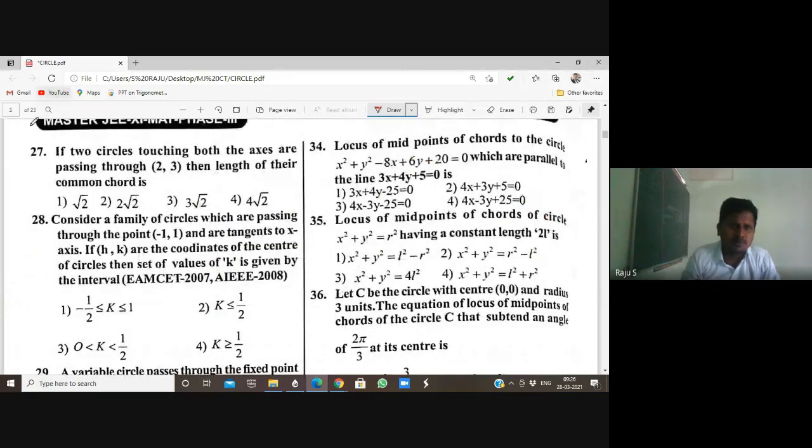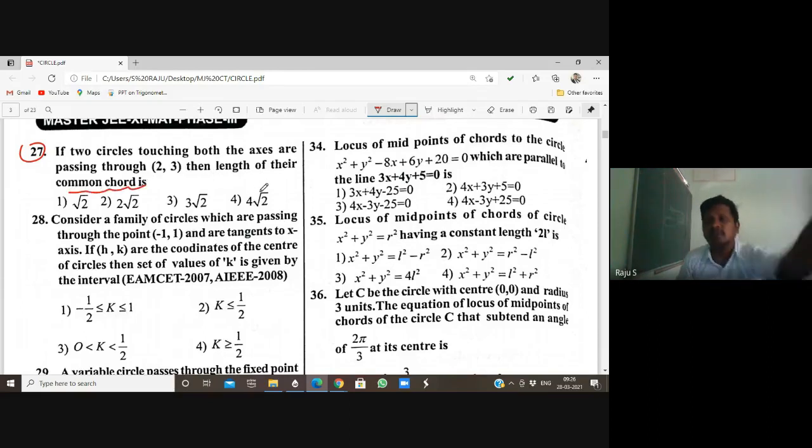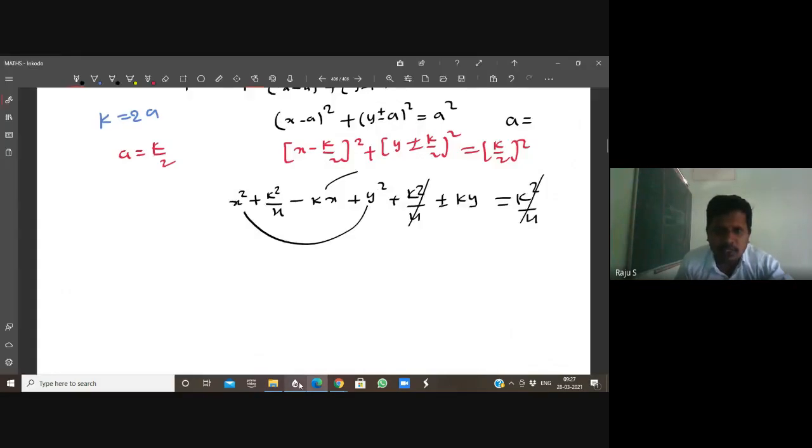Next, question number 27. If two circles touching both the axes pass through (2, 3), then find the length of their common chord. This is actually a logical question. Two circles touching both the axes and passing through the point (2, 3). Right? Look at here.